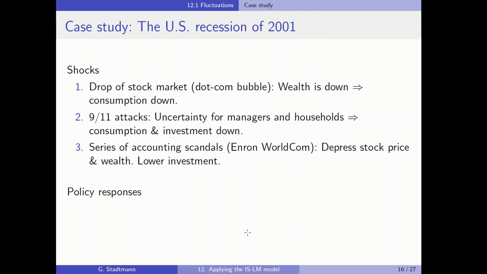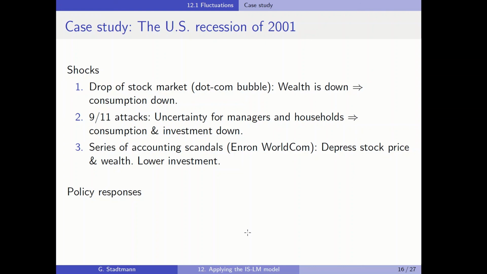But these accounting scandals also led to lower investment, so that we have a shock with respect to the demand for investment goods. So we have several shocks which affect the demand for goods negatively. The IS curve shifted to the left and the economy ended up in a recession, the recession of 2001.